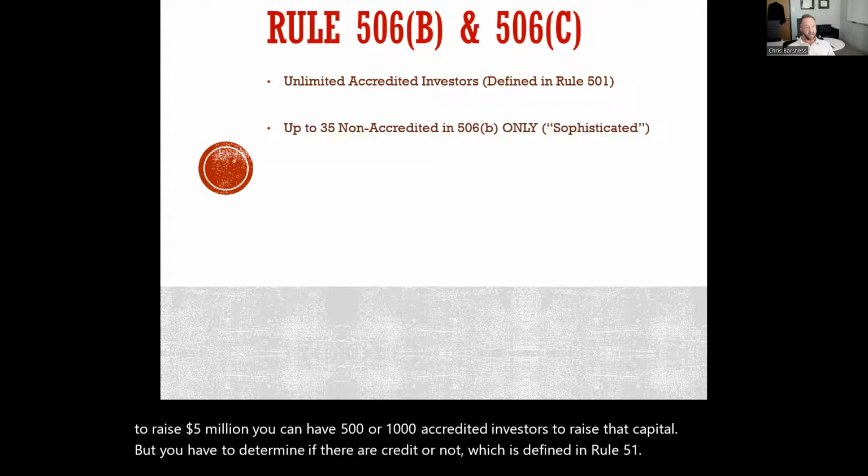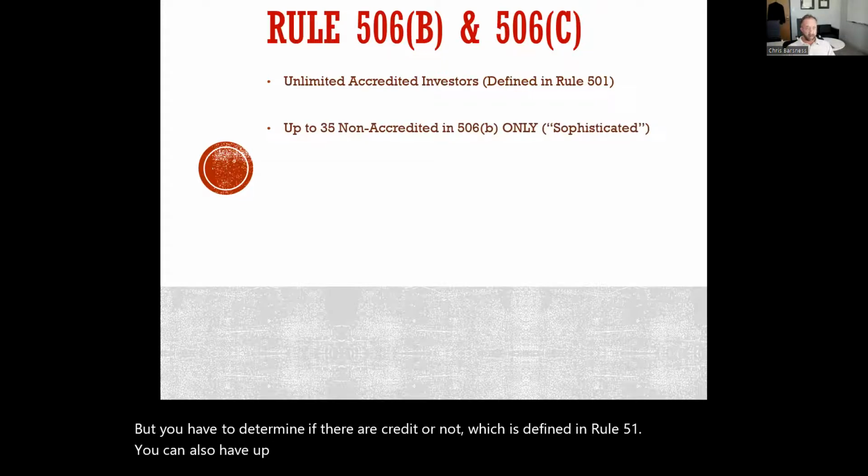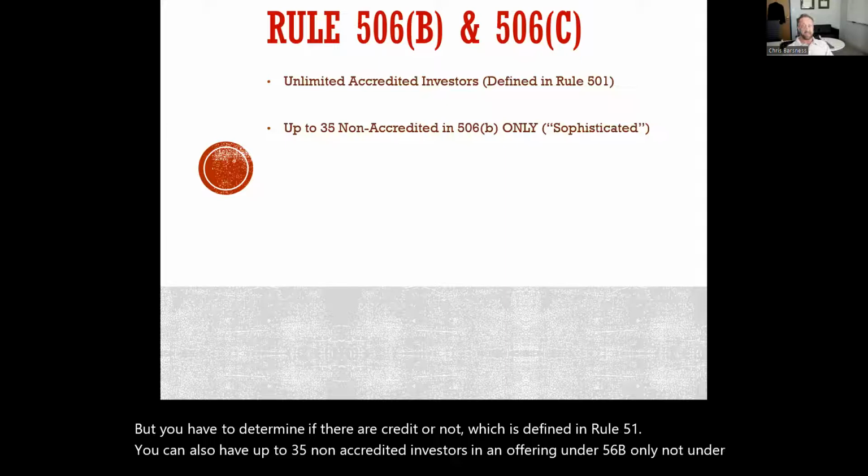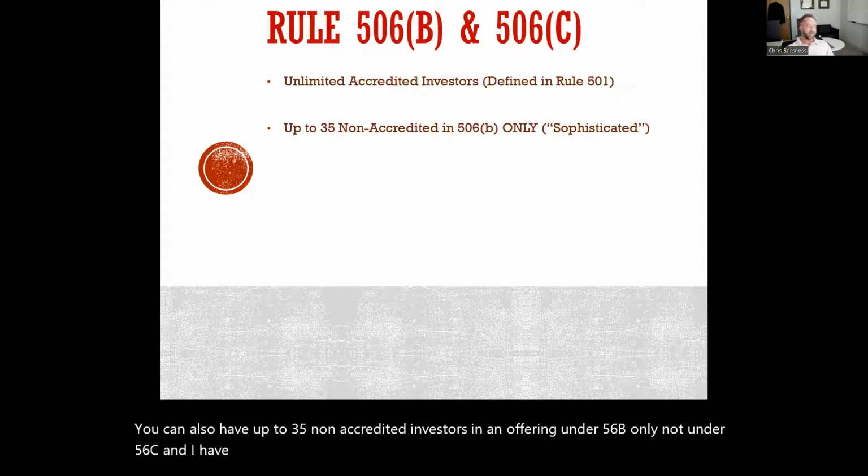You can also have up to 35 non-accredited investors in an offering under 506(b) only, not under 506(c). And I have separate videos to discuss the differences between 506(b) and 506(c).